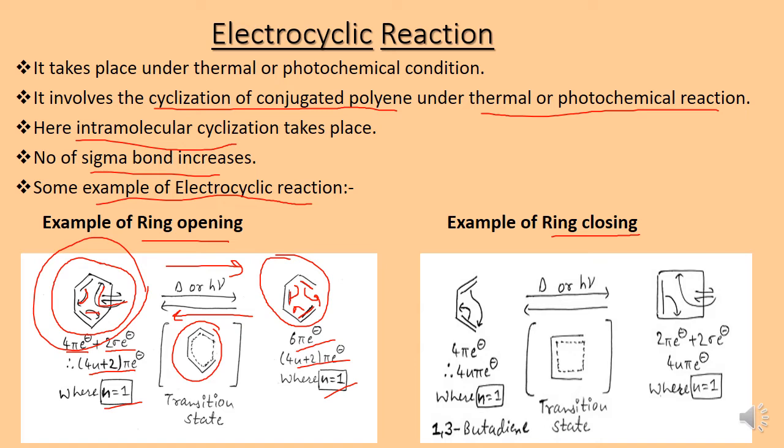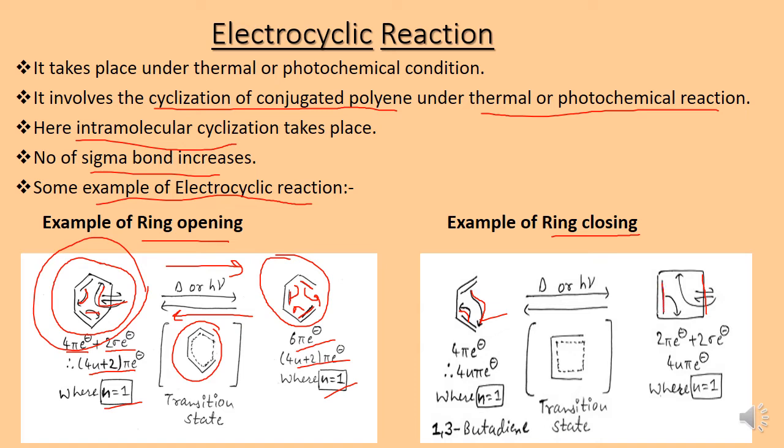Ring closing reactions mean open chain structures are converted into closed structures. Here this pi bond is converted into here, so a sigma bond is forming like this. This pi bond is converted over here, so here you get a pi bond.